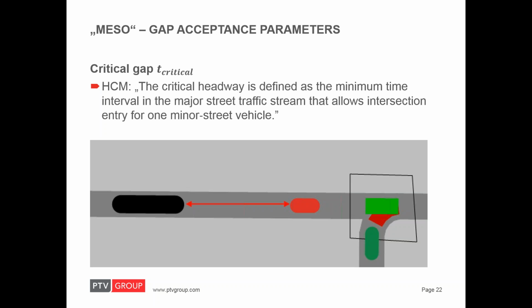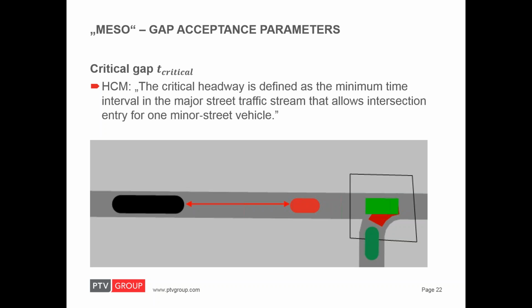So we start with the critical gap. What is a critical gap? The definition as well as the values are similar to the Highway Capacity Manual. According to the HCM, the critical headway is defined as the minimum time interval in the major street traffic that allows intersection entry for one minor vehicle. In Vissim, it is similar.